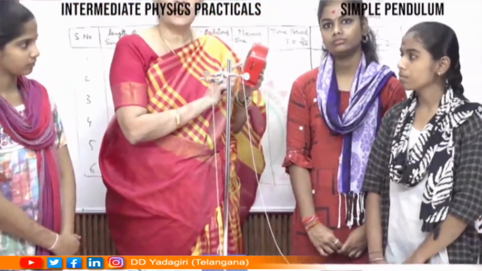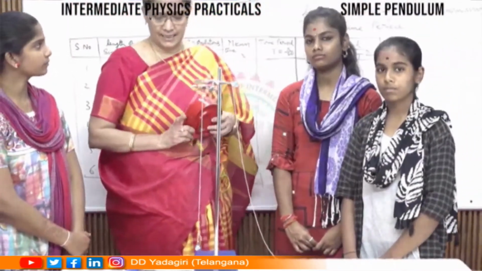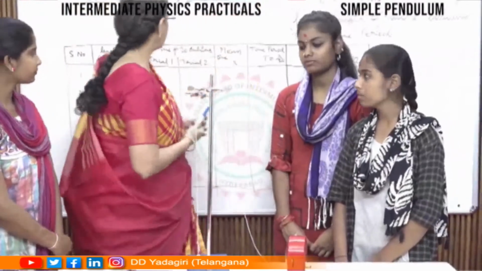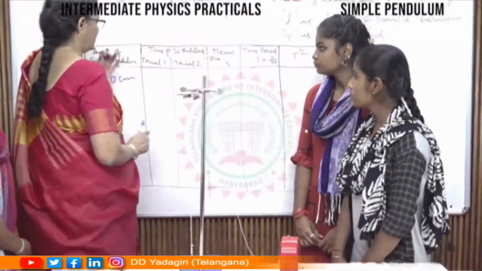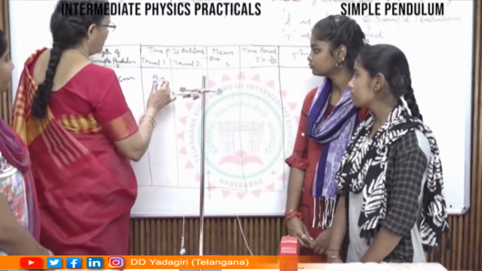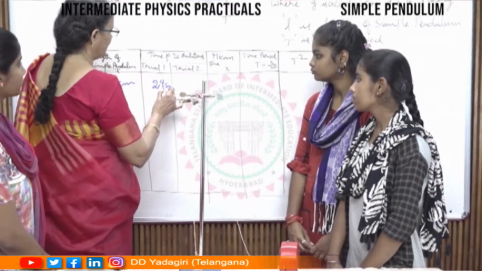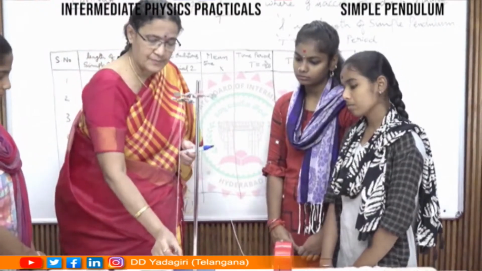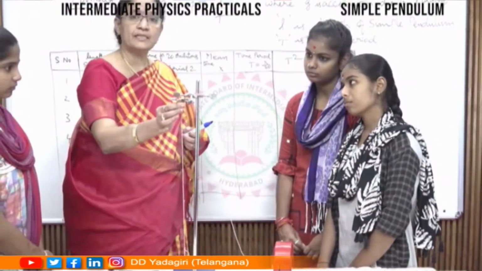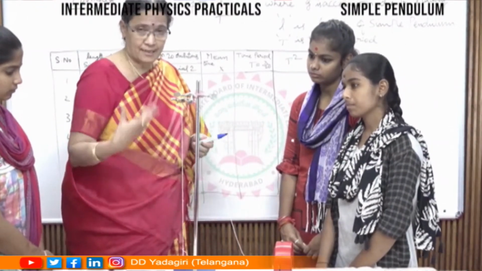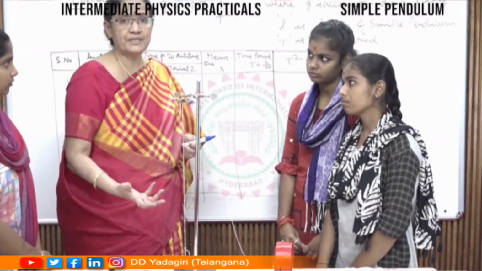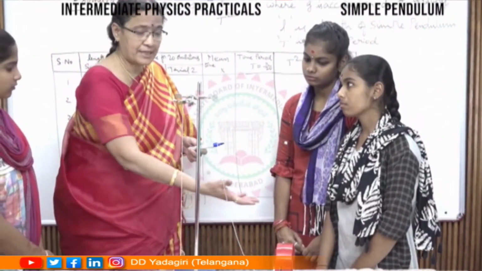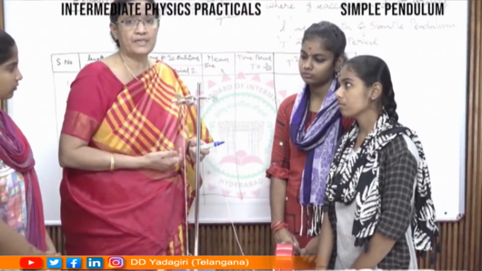Here you will get the time for 20 oscillations. Say I'm getting the time for 20 oscillations. Trial 1, 29 seconds. This is in seconds. I'm doing the experiment with 50 only. Second time, I might have made some mistake, or I might have started the stop clock a bit late.